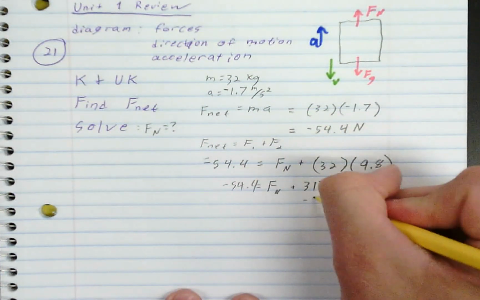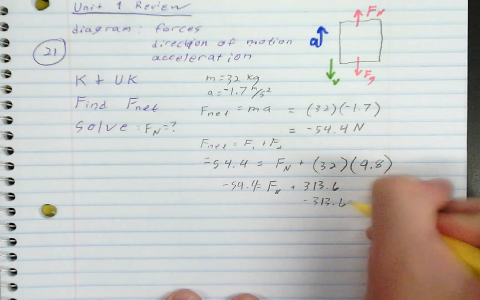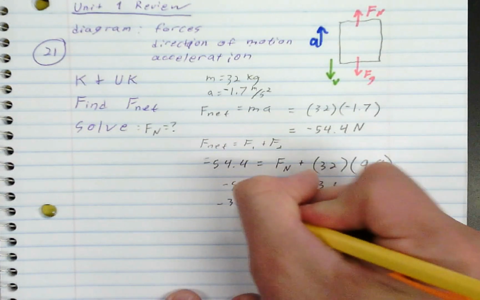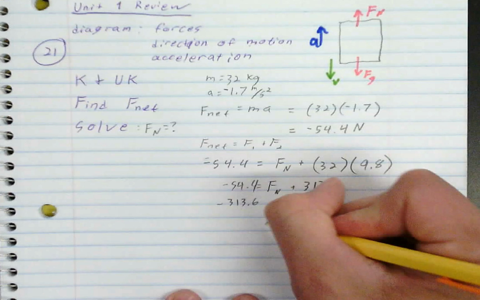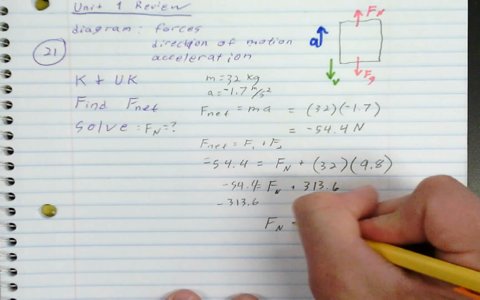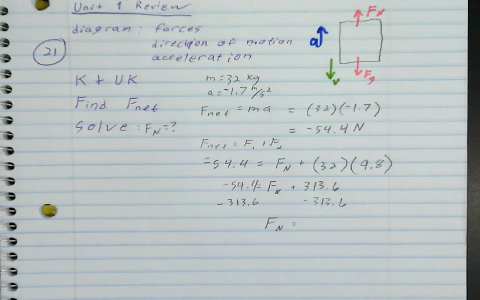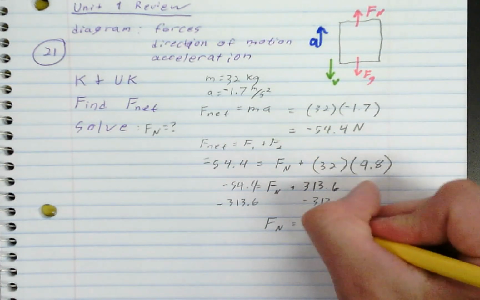So I would subtract the 313.6 from both sides. That gives me a normal force of 368.